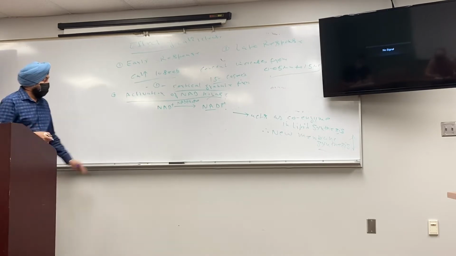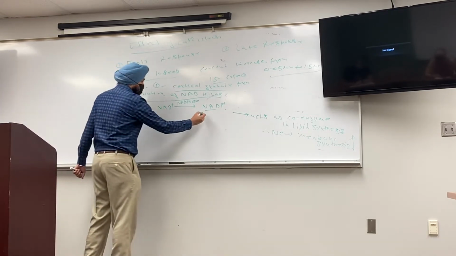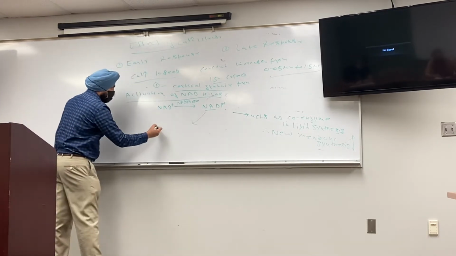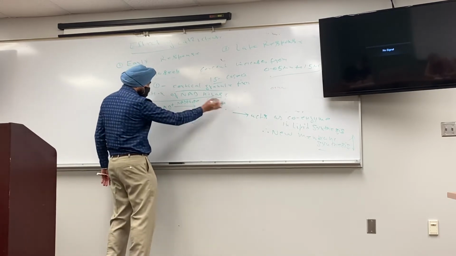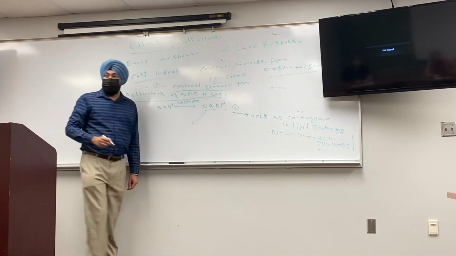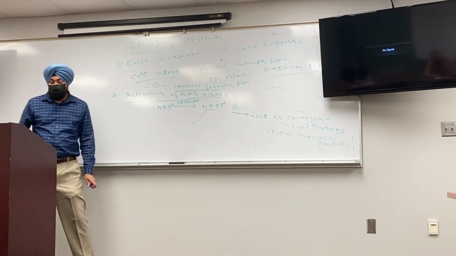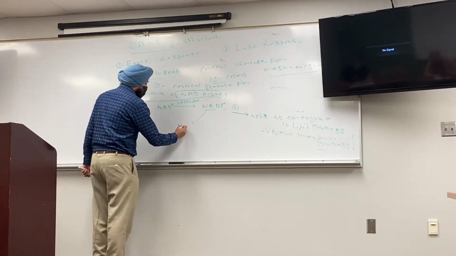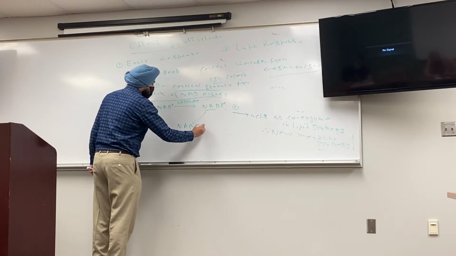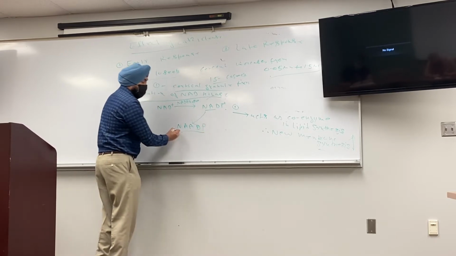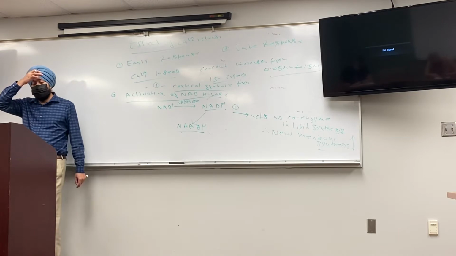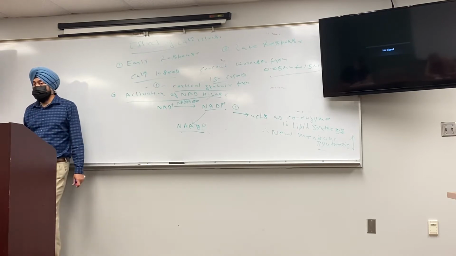Now, that's the one pathway that takes place. Then the second pathway happens, where this NADP is actually changed into NAADP. And we know that NAADP also acts as a soluble factor, right?